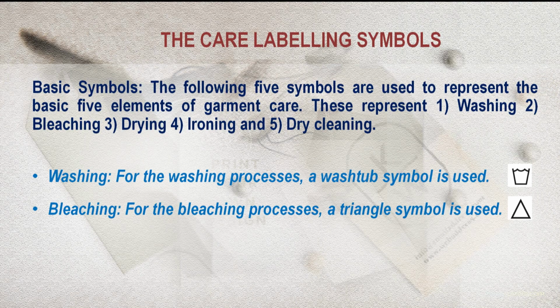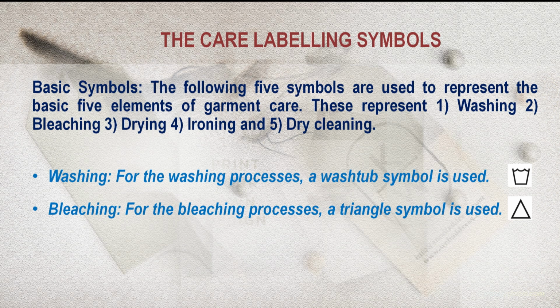Let us see what the basic symbols are and what they mean. I think you might have seen these symbols. First, for washing instructions, you will see a wash tub like symbol on the label. It means that it is for washing. For bleaching, we see a triangle symbol on the label.